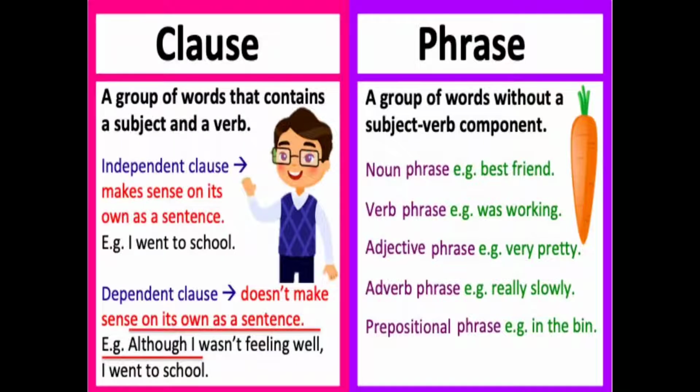Let's understand the meaning more clearly. Here in the first column you can see clause, and in the second column you can see phrase. A clause is a group of words that contains a subject and a verb. I have told you earlier too, it is quite simple.